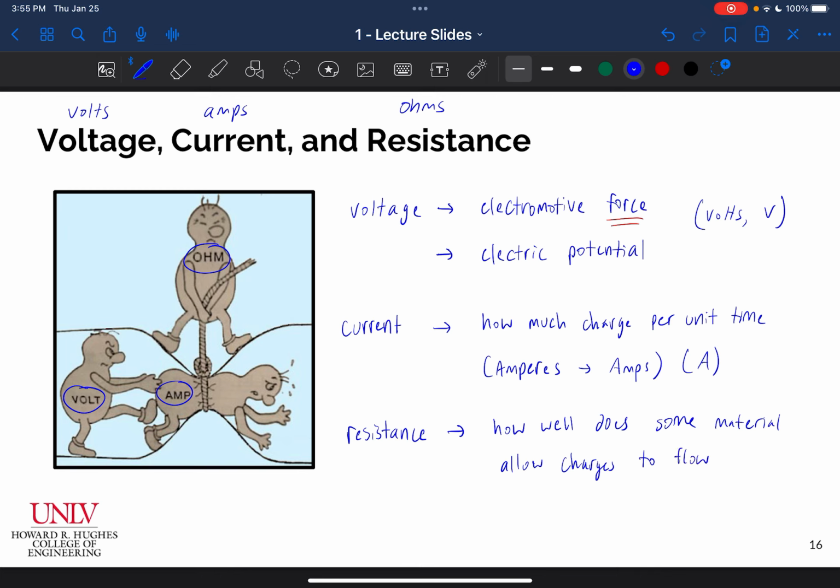Or really what resistance tells us is how poorly, I guess you could write how well or how poorly does some material allow charges to flow?